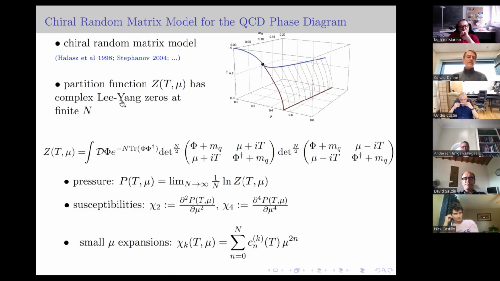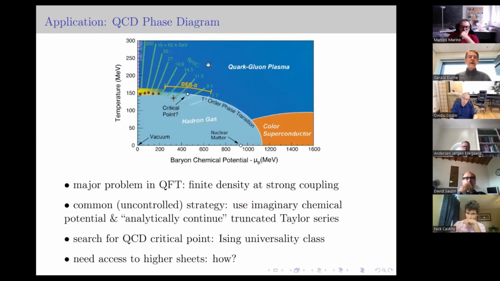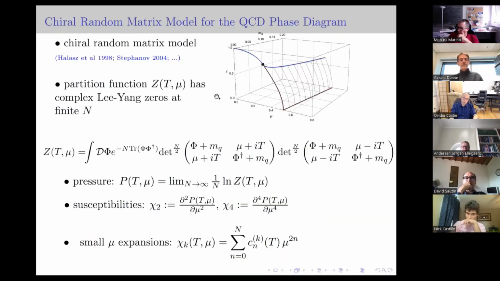And this partition function at finite n has certain zeros which have physical meaning and are called Lee-Yang zeros by physicists. And this is the phase diagram in the temperature, chemical potential, and quark mass plane of this chiral random matrix model. And it approximates quite well the expected behavior of this part of the QCD phase diagram. That's why it's of such interest.